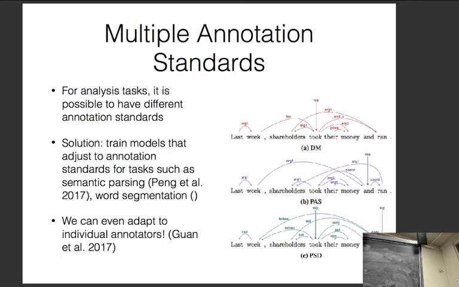So the idea is you just train on all of them. Similarly, for Chinese word segmentation, there's a bunch of different ways you can define a word. And each of these has a different annotation standard. And there's another reference that has disappeared from my slides, but I think it's on the reference list, so you can take a look there.